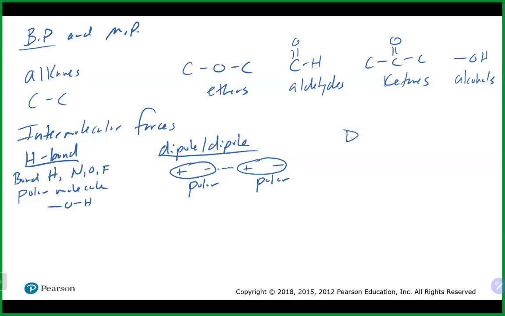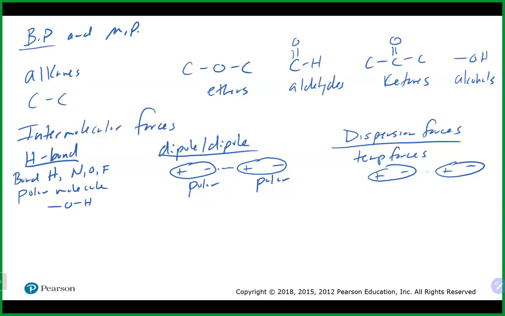The weakest of all interactions is dispersion forces. And these are really temporary type forces. They are also sort of a positive negative attraction. The difference though is these occur very temporarily. They need something to occur for it to happen. Normally, these are nonpolar molecules which do these things.